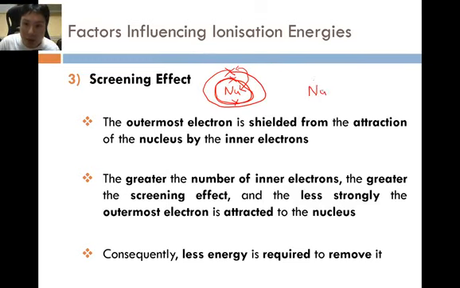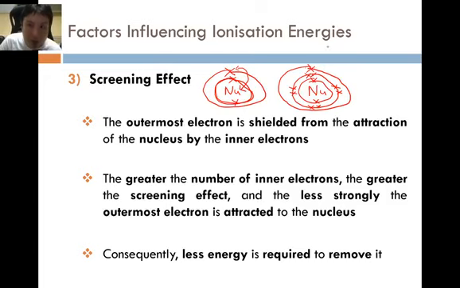Compared to this situation, let's say we have two shells of electrons and the one that we want to remove is in the third shell. So there's two electrons in the inner shell and then there's 8 here. So a total of 8 plus 2 electrons is shielding the attraction of the nucleus from this valence electron.